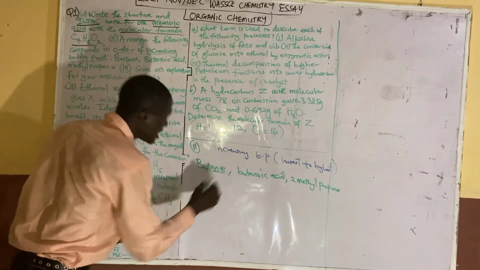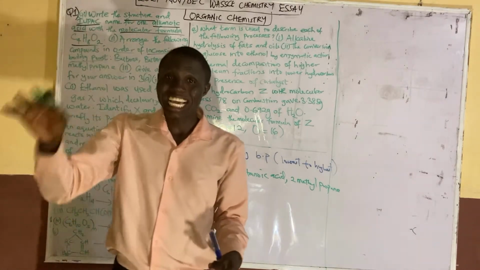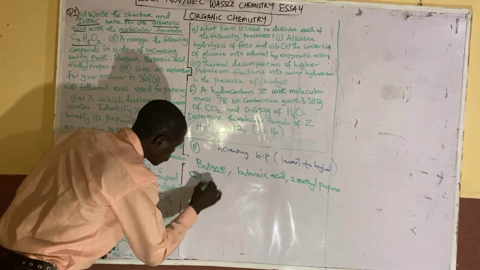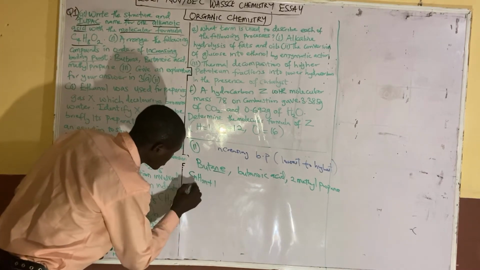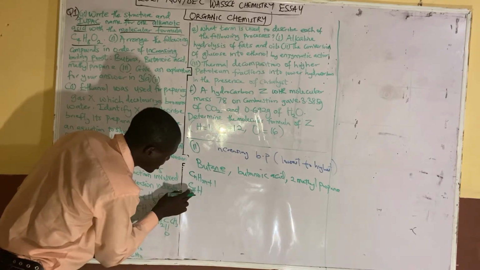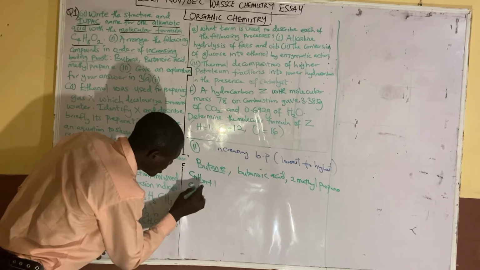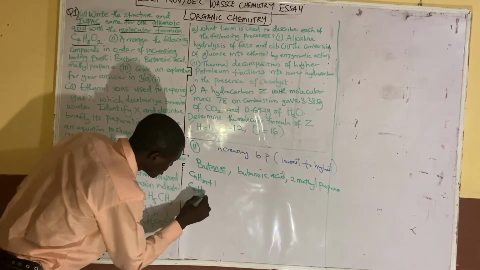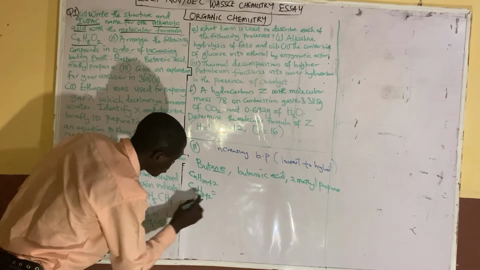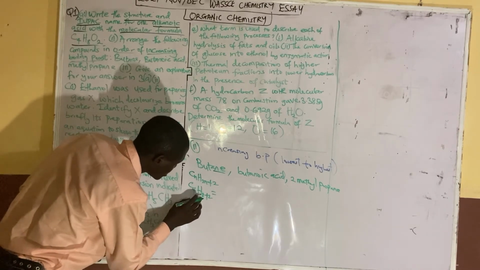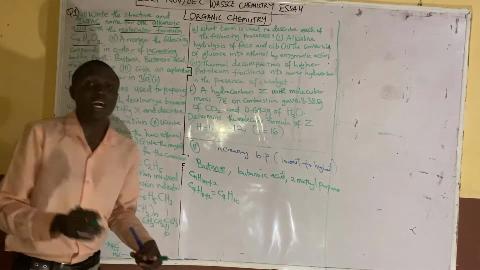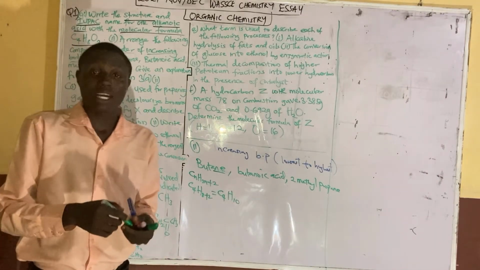Butane belongs to the alkanes, so the general formula is CnH2n+2. Because n is 4, C4, H is 2 times 4, which is 8, plus 2, so C4H10. I'm just teaching us how we can draw the structure without cramming.